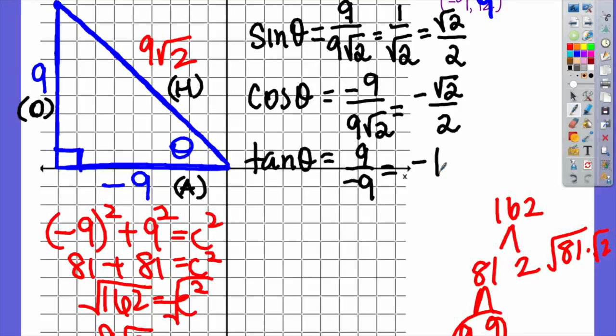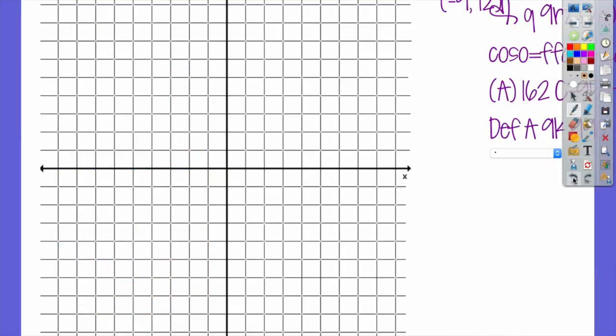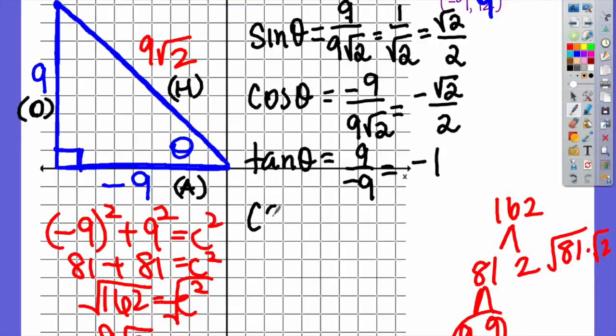Sine goes with CSC. So we have to flip sine. Don't take the simplified form, take one of the originals. Square root of 2 over 1, which is just square root of 2.